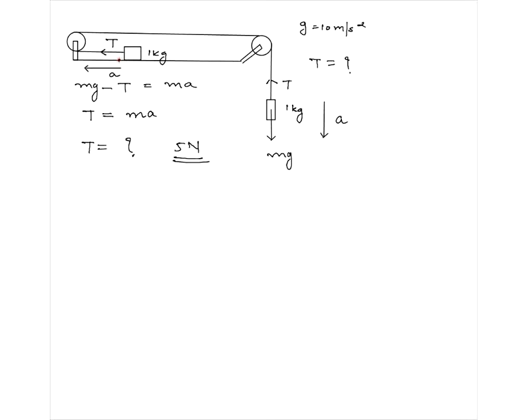This one has got two pulleys, light, frictionless, string is light, inextensible. Masses, you can see 1 kg, 1 kg, surface is smooth. When we get into friction, then the surface can be rough also. Right now it's smooth.